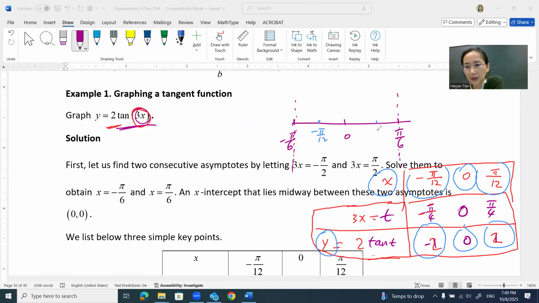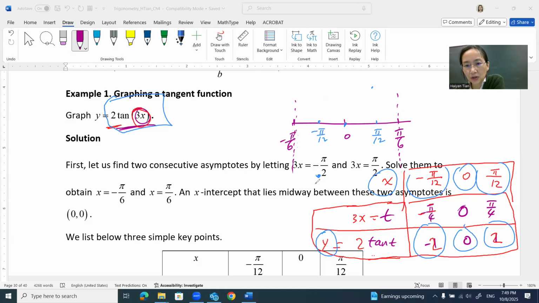This is positive pi over 12, right between these. And this tangent function will give negative 2, 0, and positive 2.